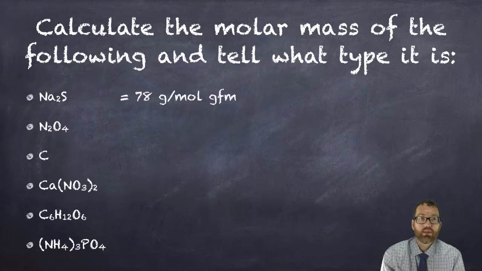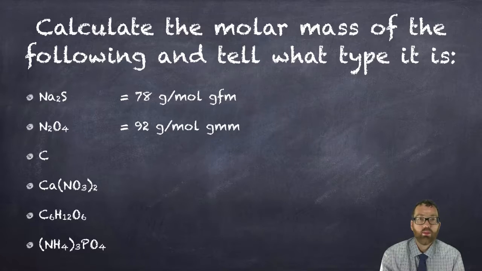Okay, let's go over these. The first one is 78 grams per mole, and that would be gram formula mass because we have sodium, a metal, bonded to sulfur, a nonmetal, so this is an ionic compound. Our next is 92 grams per mole, and that would be gram molecular mass because we have nonmetal bonded to a nonmetal.